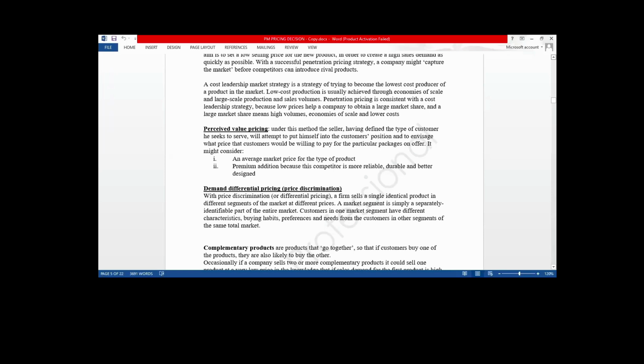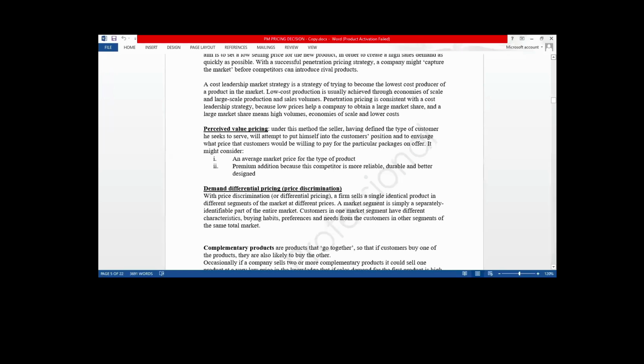This simply means that a company can decide to sell identical products in different markets at different prices. You can decide to sell the same products in different segments of the market at different prices. That is price discrimination. This is very common.